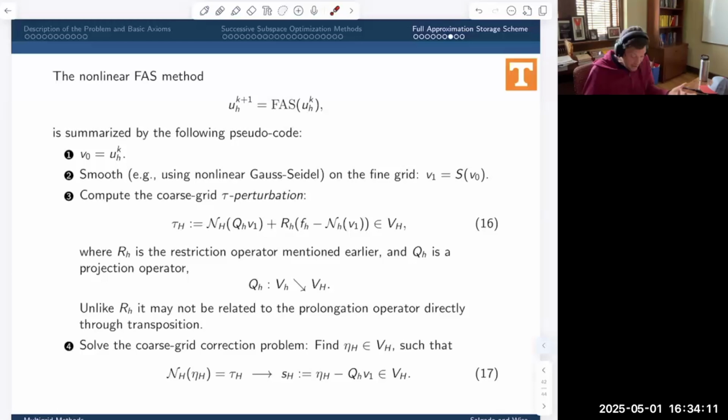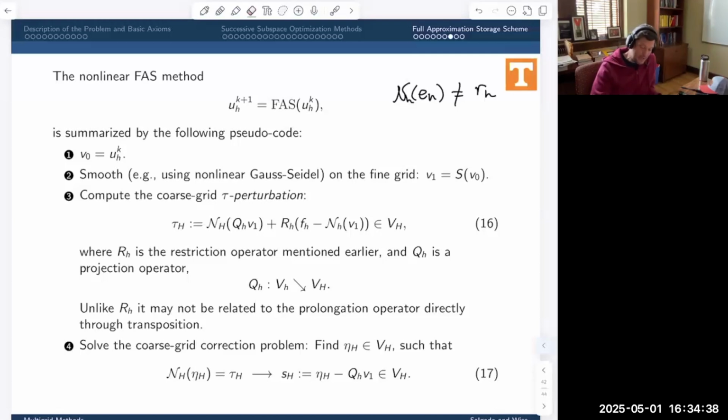Okay, and we still have something called the error. It's just that the error and the residual are no longer related through an equation which looks like that, where N_h is the nonlinear finite element operator.